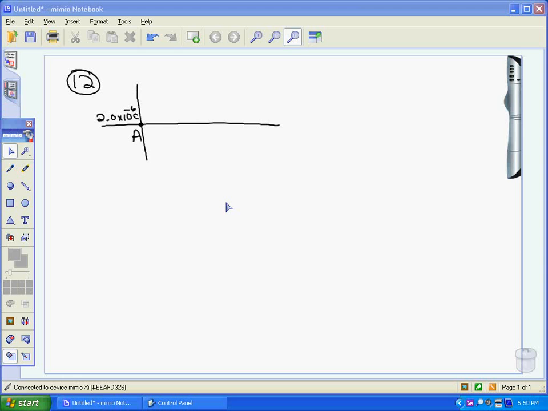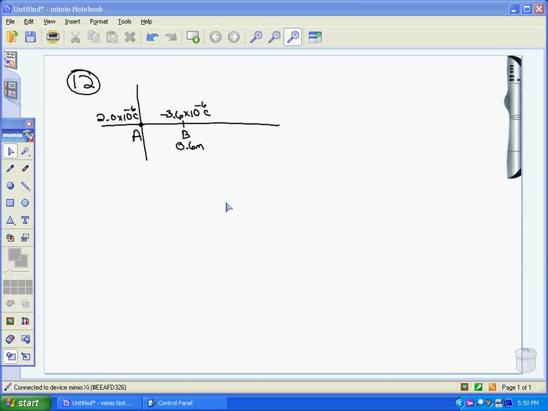Then it says sphere B is located 0.6. So this will be sphere B, which is at 0.6 meters on the x-axis, and has a charge of negative 3.6 times 10 to the negative 6 coulombs.